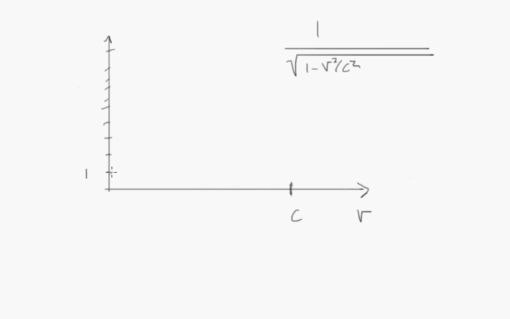The gamma function, if you graph this, it's going to look like this. And then here you get to 0.866, remember? And that'll be 2. So about right here, it'll go to 2, and then it'll just shoot straight up, bam! And it will never reach this asymptote.